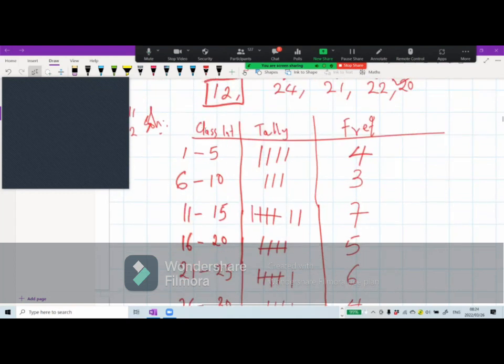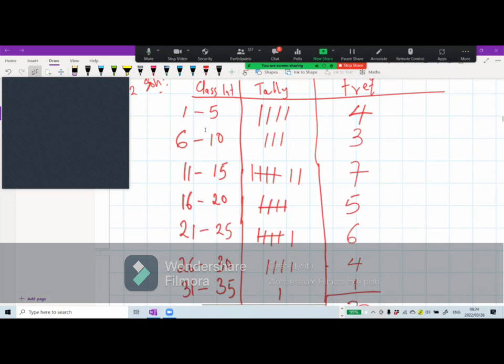Have you seen this tally? What is the lower class limit here, or what is the upper class limit here? 5 is what? Upper class limit. Yes. This is the lowest class limit, and this is the upper class limit. Can you get it now? Yes, sir. Truly we call it class interval because we have not gotten to that yet, we are still working.